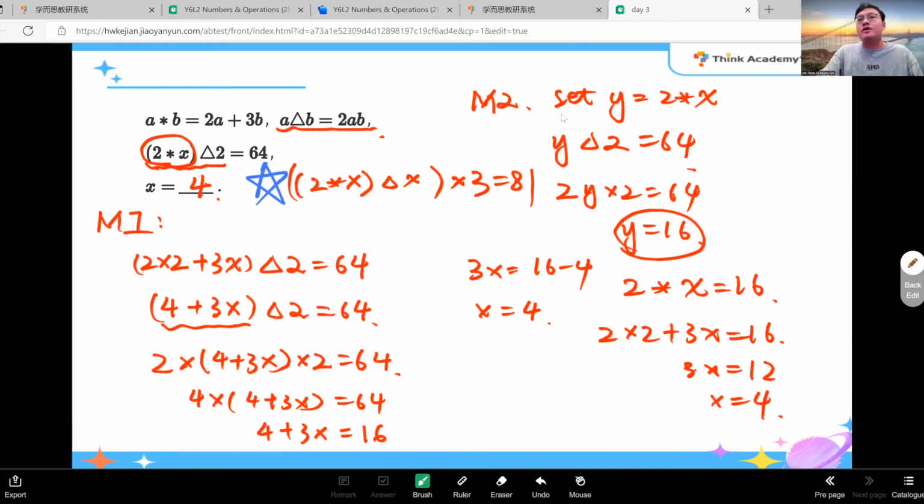So that's why we use the second method. We're gonna replace this whole part by y, and first try to get what is y first, and then you're gonna replace this part by z, and you move on. So that's why I introduced this method 2 to you. Make sense?